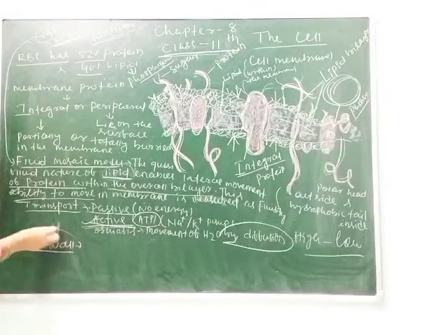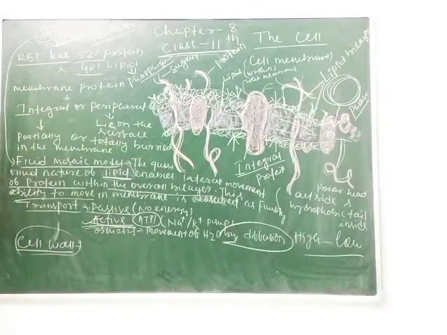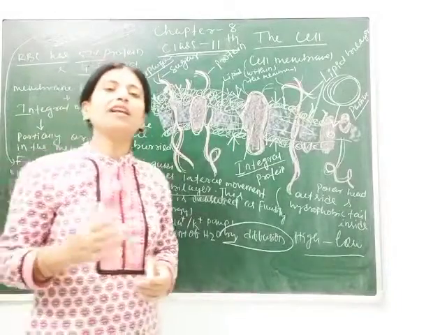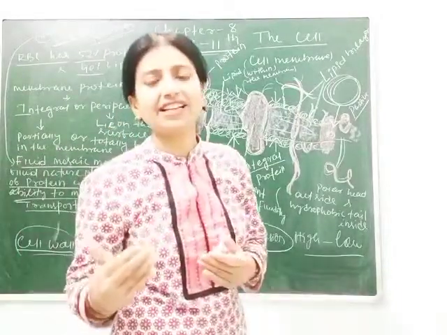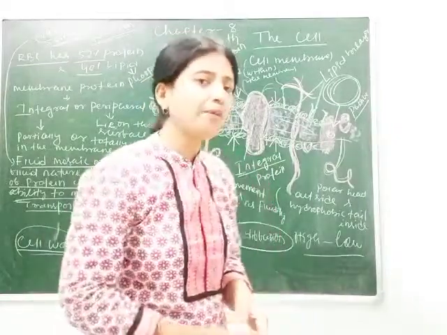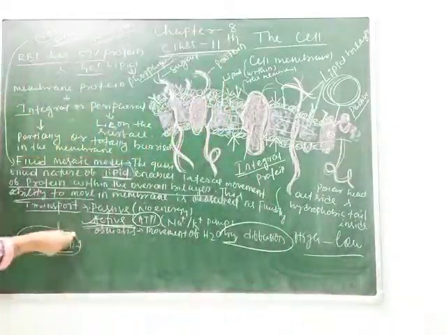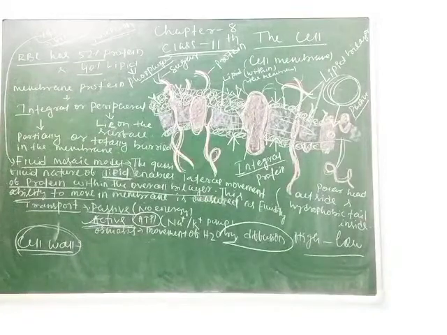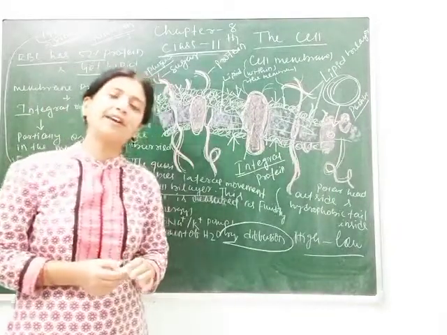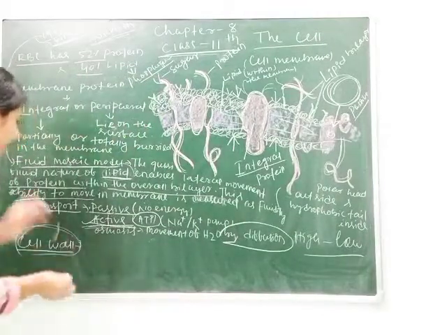Next is our cell wall. Like the cell membrane, the cell wall is also made up of different substances. The cell wall is the characteristic feature of all plants, meaning all plant cells have a cell wall. The cell wall is made up of different things. Plant cells are made up of cellulose, hemicellulose and pectin.